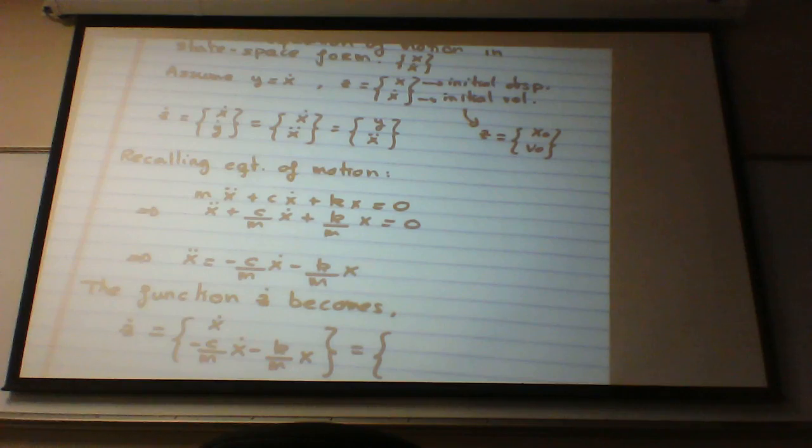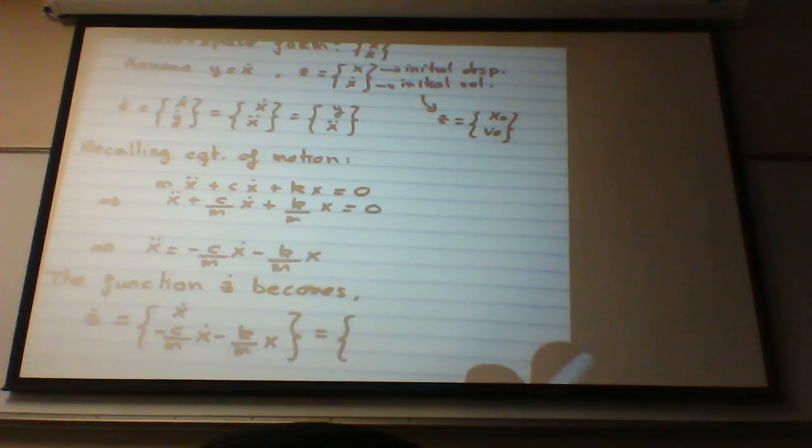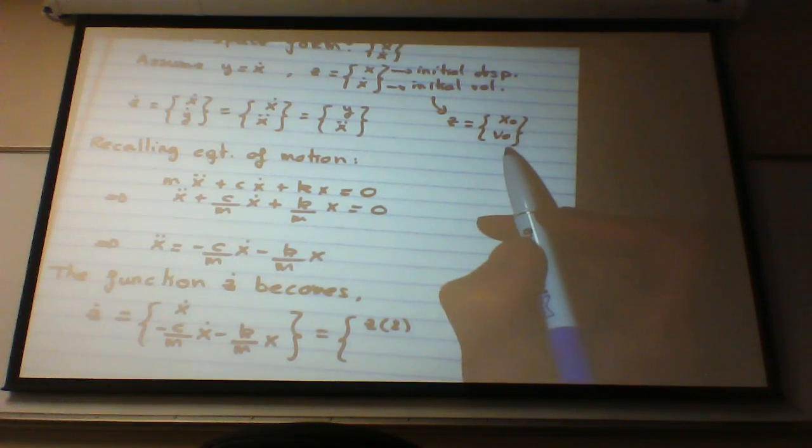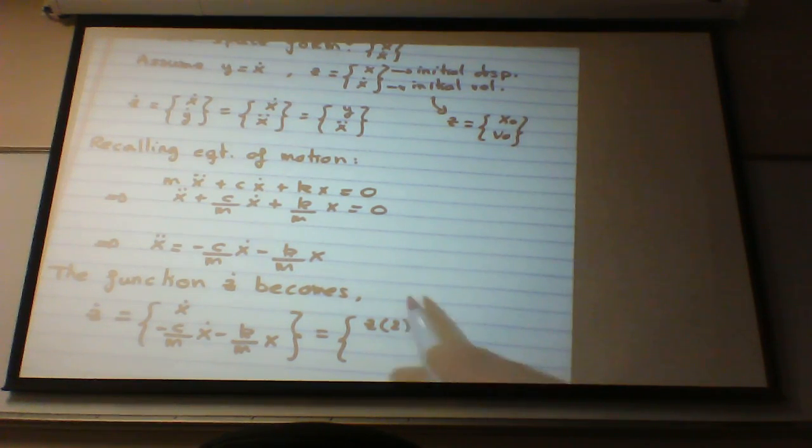So basically the initial velocity is z2, meaning it is the second term, as if it were a matrix or a vector. And this will be minus c over m z2 minus k over m z1, no?